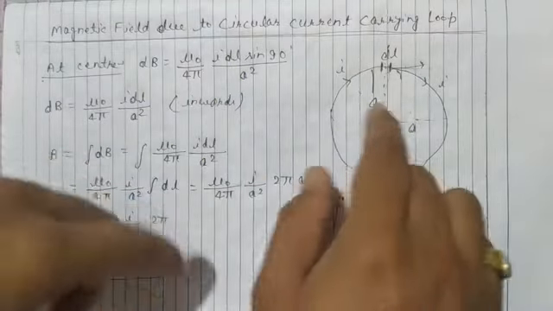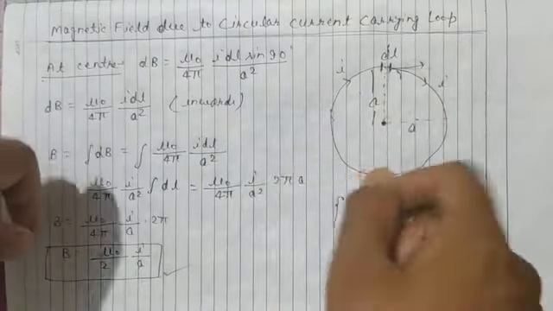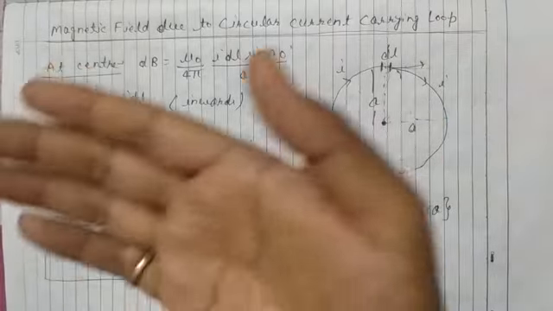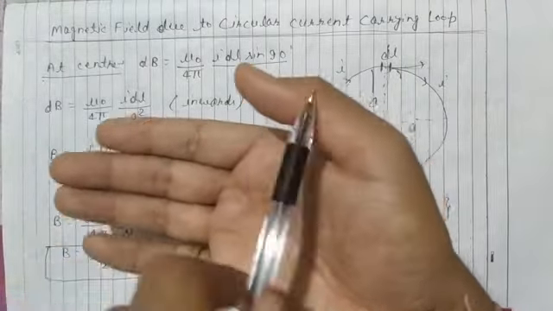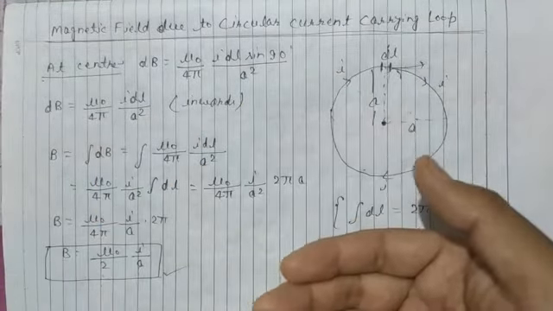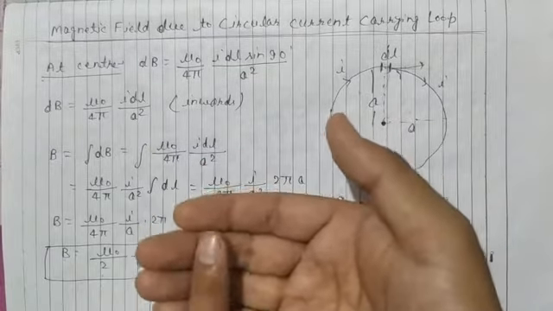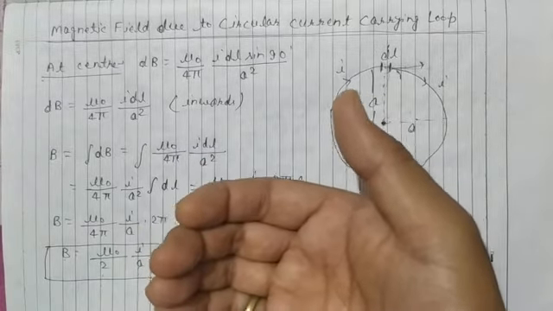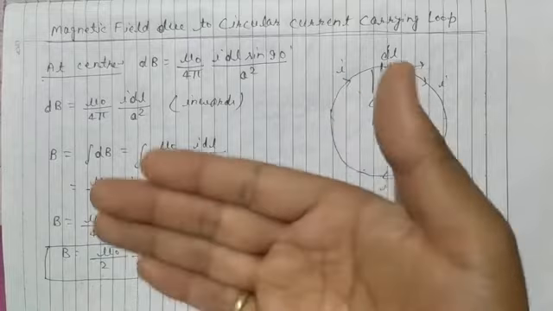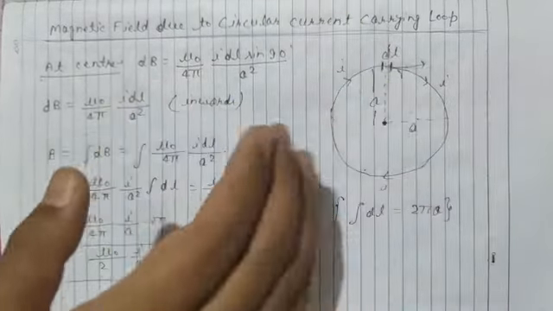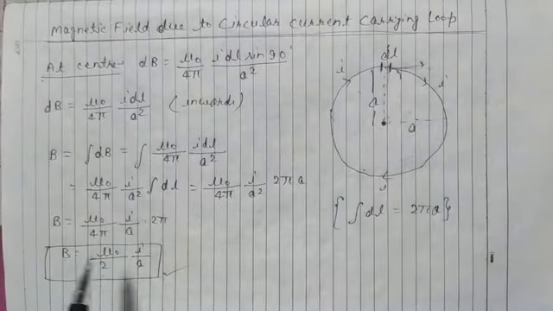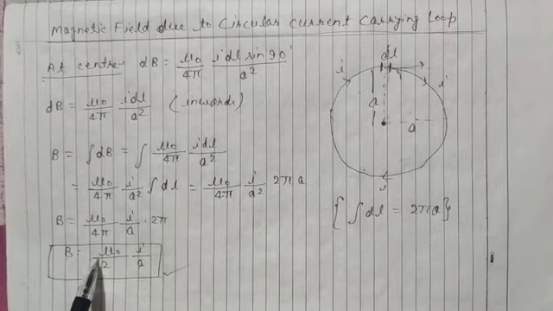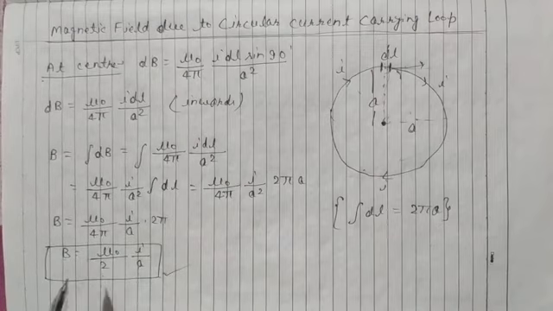If the current is flowing in the anti-clockwise direction, then the thumb is in the direction of current, and the fingers at the center, and we bend the fingers. So the direction of the magnetic field is outward, and if the current is clockwise, then inward. So the magnetic field due to a current carrying circular loop at the center is mu naught upon 2, I upon a.